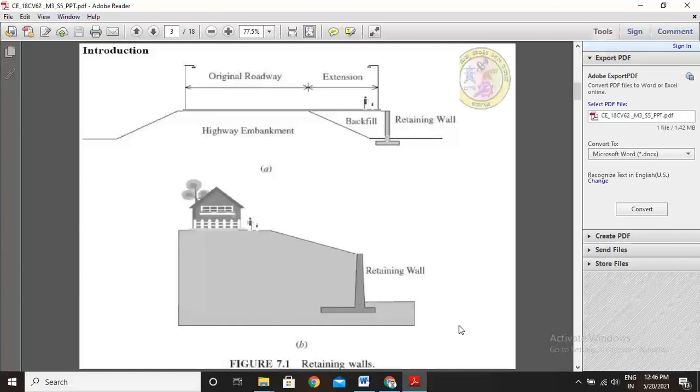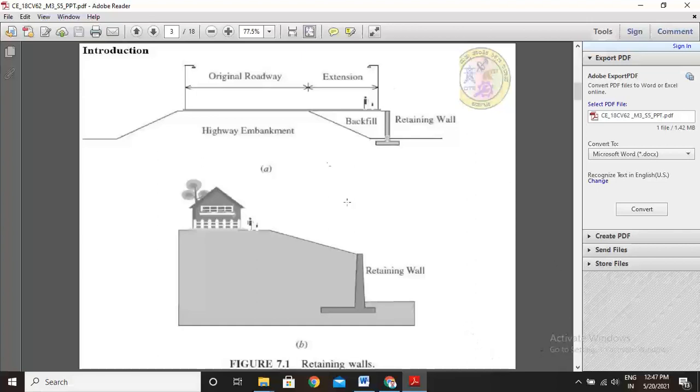That is why nowadays we see retaining walls in so many structures: highway embankments, roadway embankments, canal embankments, or buildings constructed in hilly areas or on sloped ground, to resist the lateral earth pressures while constructing with backfill materials. The backfill uses different types of earth materials.